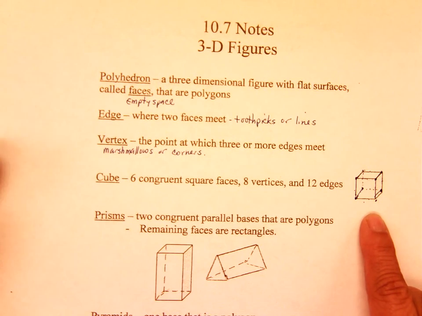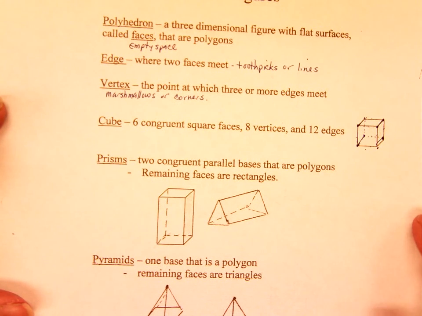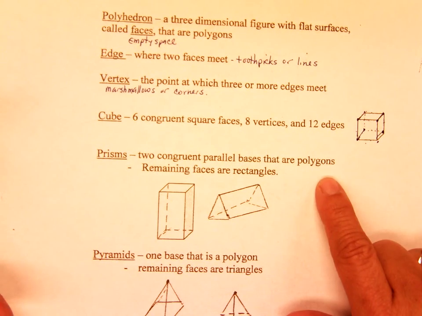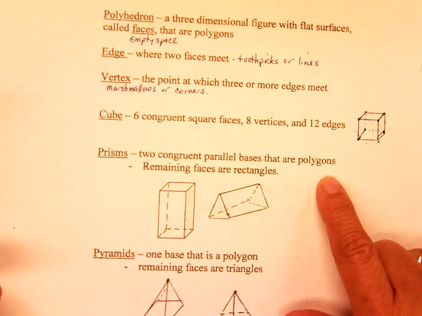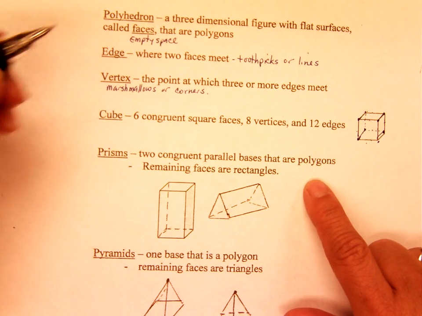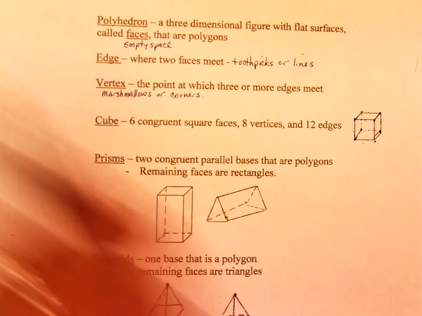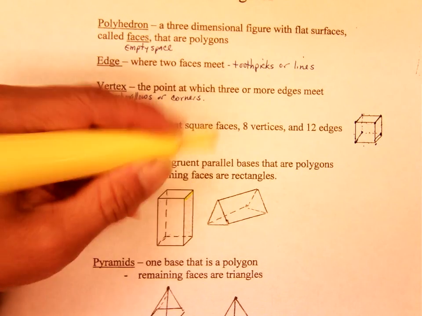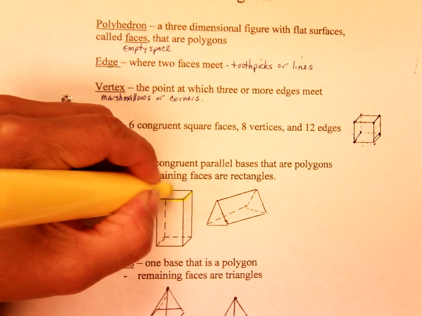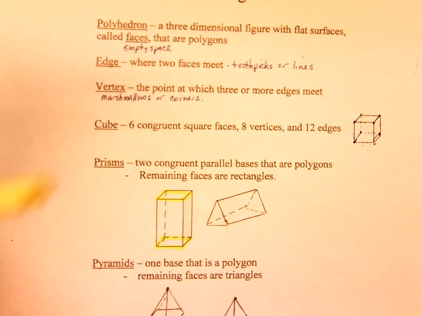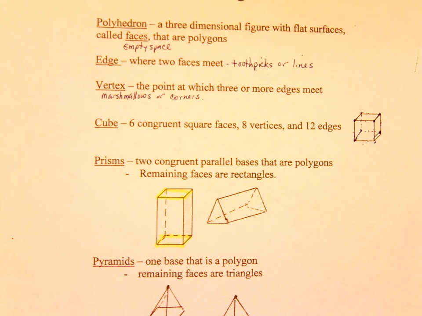Okay. Prisms are 2 congruent parallel bases that are polygons. Remaining faces are your rectangles. So your top and bottom are the same. So your faces here would be rectangular because it's shaped like a square or a rectangle.